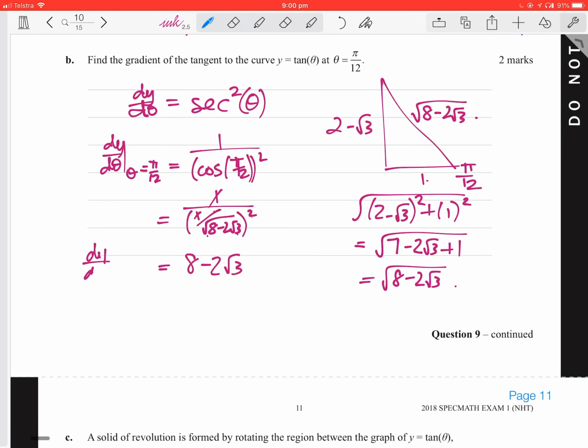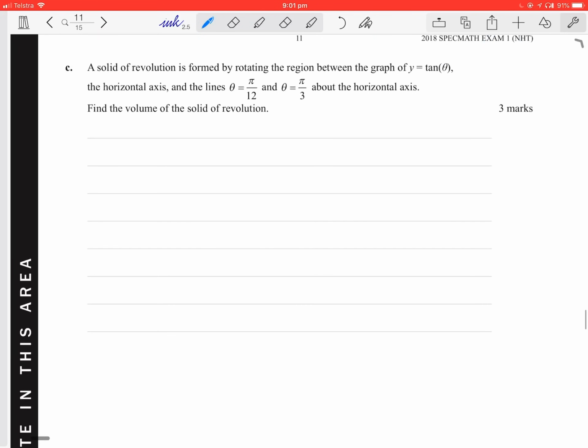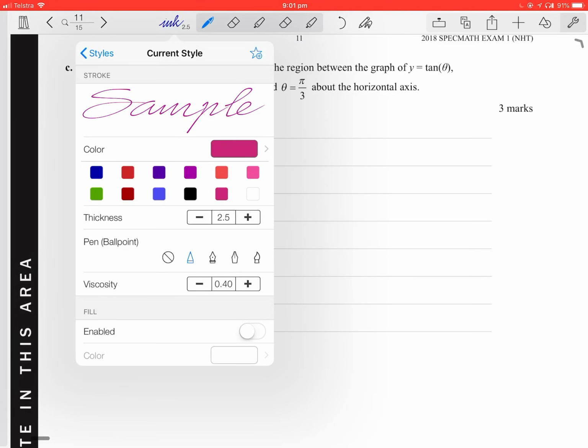So dy d theta, when theta equals pi on 12, is that. It's nice that it worked out, because I've got to square a square root, but when you square it, it gets rid of it, so hopefully I didn't stuff that up, it's right.